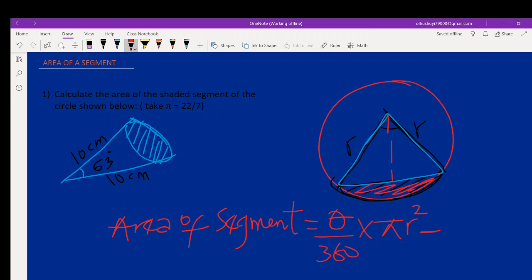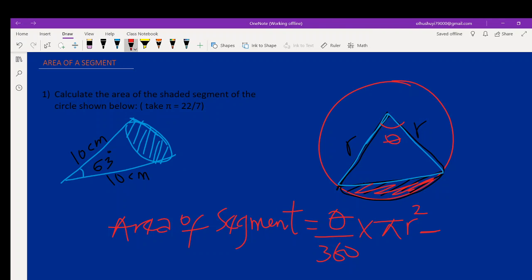This is r, r, and there will be a theta here. So this will be an isosceles triangle, a triangle where two sides are given.